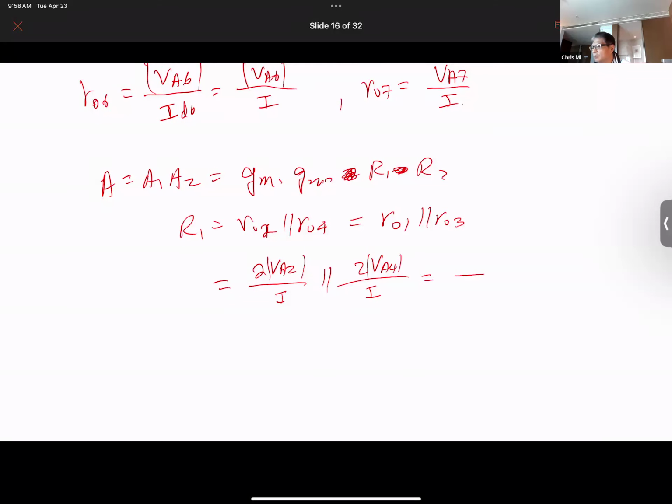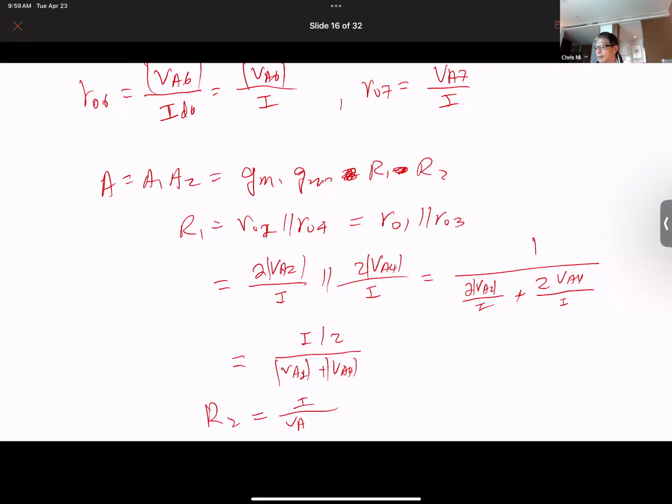Now, when this is in parallel, you multiply I at the top and divide by 2 over here. You get VA2 VA4 over VA2 plus VA4. So this is what you get for R1. And similarly, you can get R2.